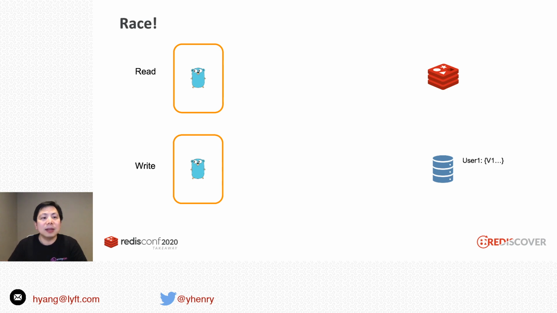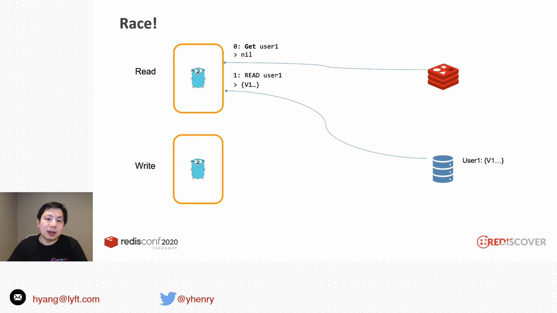However, cache stampede is not the only problem with this scheme. We can potentially have a race. So back to our read request. We got a cache miss, and we read it from the database. At this moment, another request, a write request, can come in, either on a different thread or even on a completely different instance.